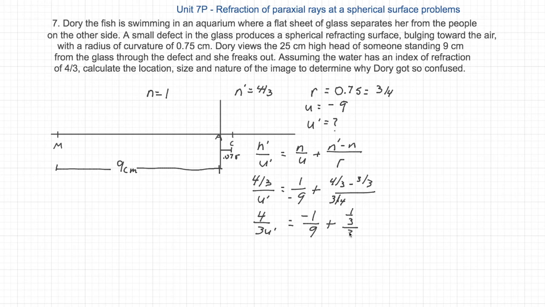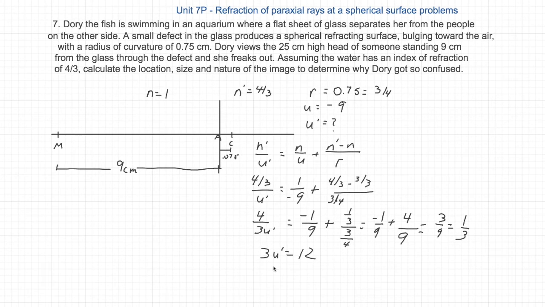All those fractions on the right side reduce to 4/9. So the right side of the equation becomes 1/3. Now we'll cross multiply. 3u prime equals 12. U prime equals 4 centimeters. Now we'll calculate the image size with the magnification formula.